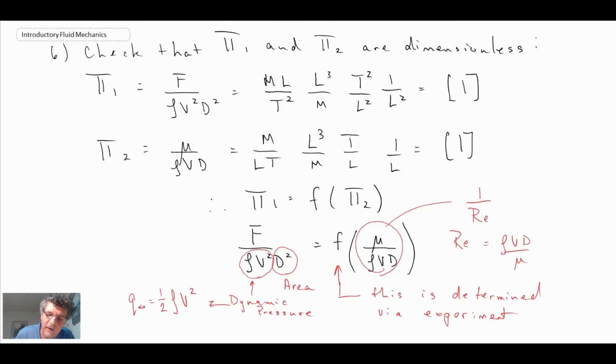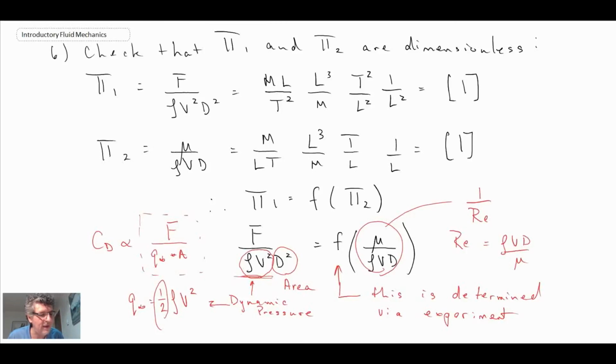So what we're seeing on the left-hand side is something with our drag force divided by Q infinity times some area. And that then is eventually moving in the direction of what we would call a drag coefficient. So we could say CD is proportional to this. There's actually a factor of 1/2 that is missing from this form of the equation. But just by using dimensional analysis alone, a lot of information is coming out of this process.